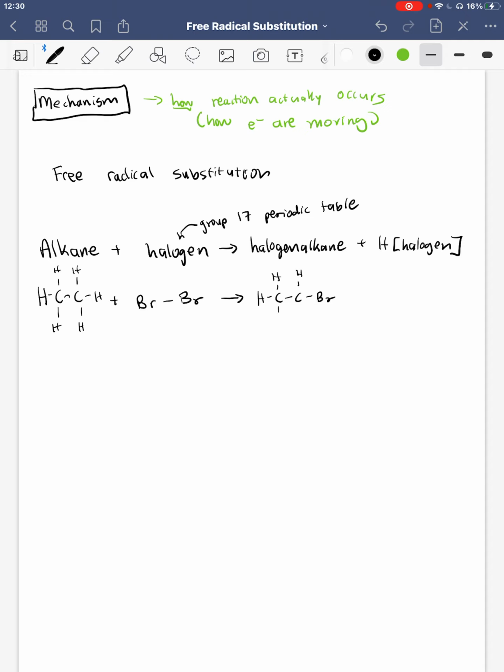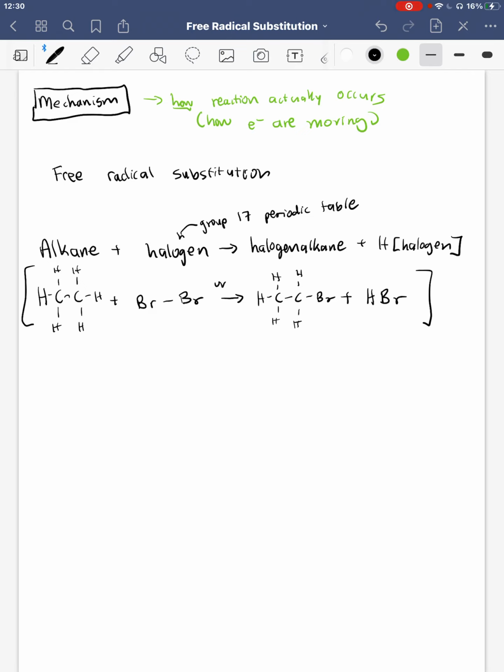Fill in everything else with hydrogens, plus H with the halogen. So in this case, H with Br. All right. So I have ethane plus bromine yields bromoethane plus HBr. So this is the big picture of the reaction. The conditions, of course, are UV light.